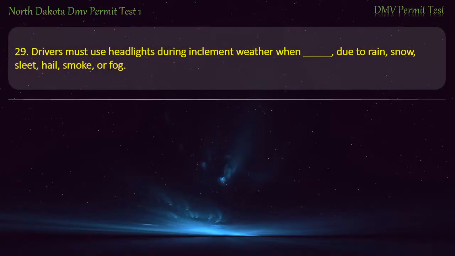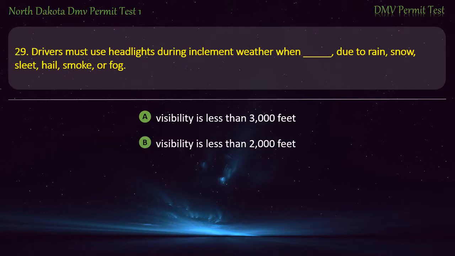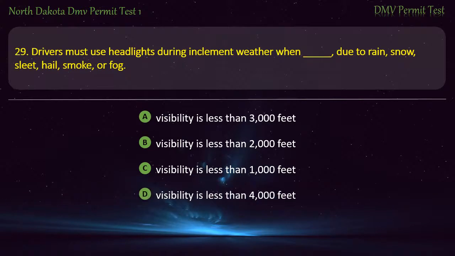Drivers must use headlights during inclement weather when, due to rain, snow, sleet, hail, smoke, or fog, visibility is less than 3,000 feet. Less than 2,000 feet. Less than 1,000 feet. Less than 4,000 feet. Answer. Visibility is less than 1,000 feet.